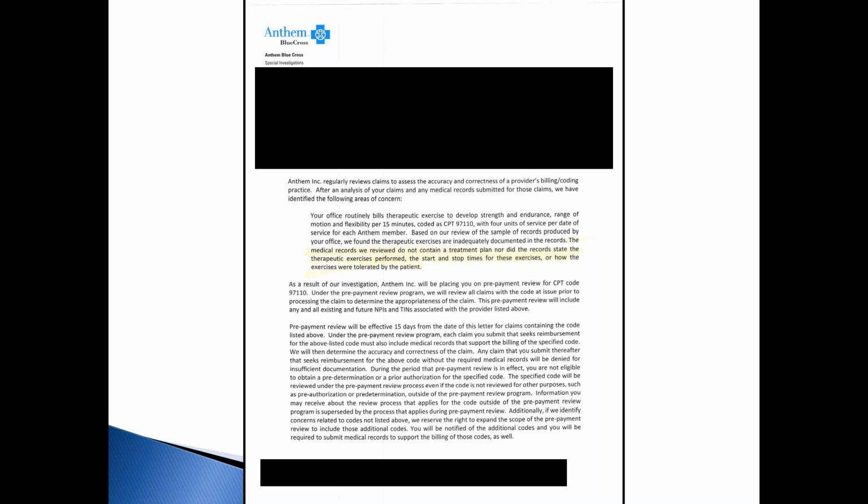And we have a game plan. Those of you in a prepayment audit, be careful, because if you've never dealt with one and haven't been advised on how to handle it, it could cause so many problems. For example, I'm dealing with a doctor from Maryland right now who was placed in a prepayment audit. He put together about 100 claims and said, all right, I'm going to send them in now and hopefully I'll get paid.